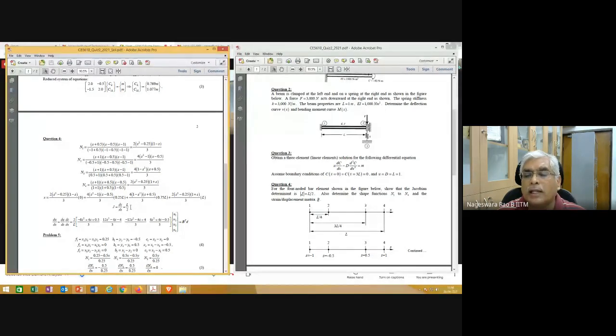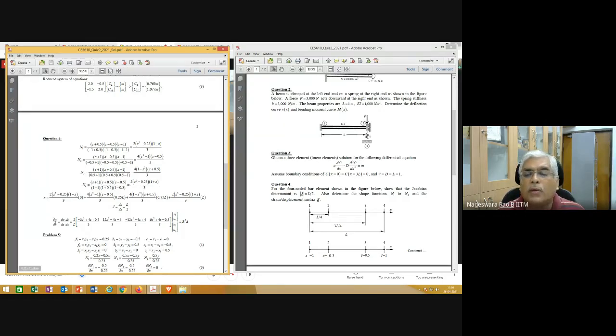And that is this one. Once you get the derivative, here it is asked to determine the shape functions N1 to N4. That is what we have written. And the strain displacement matrix is nothing but the relation connecting strain with the displacement.